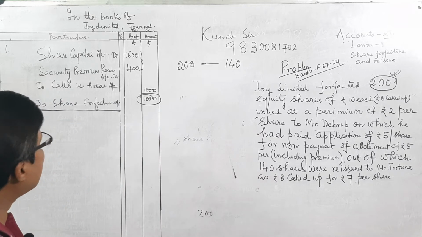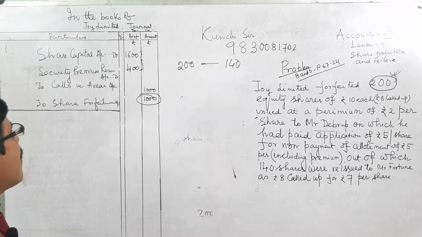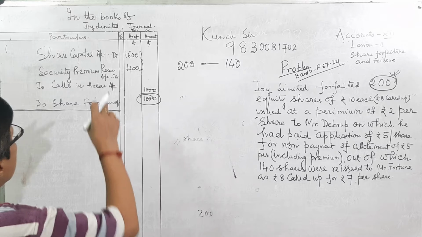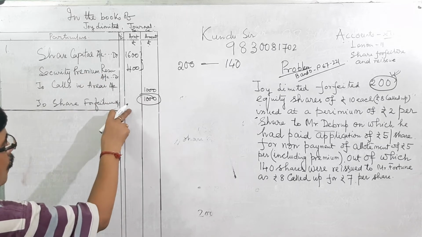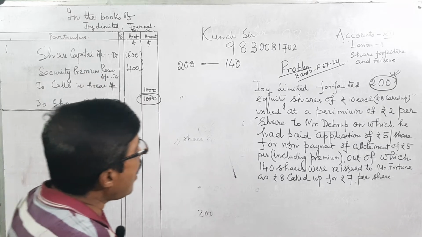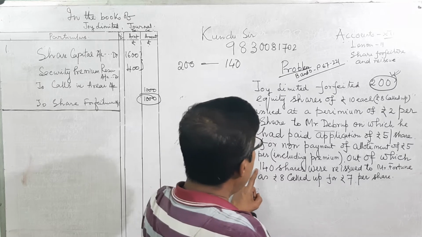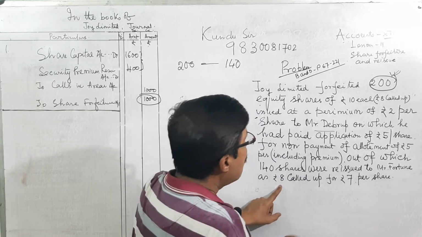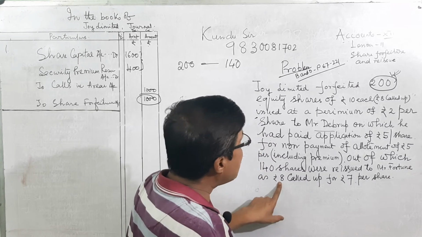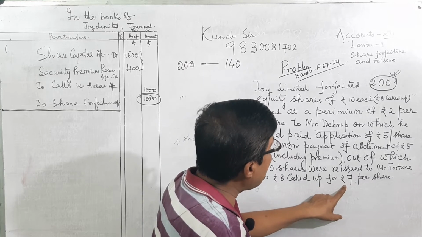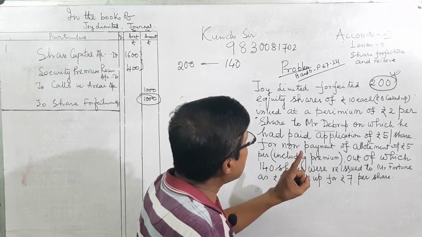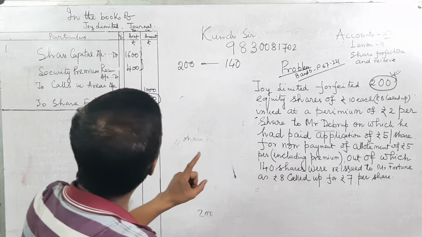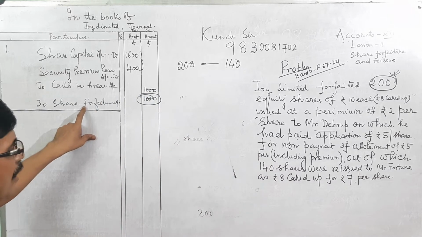No, there is no discount, it is discount, but it is to be adjusted from share forfeiture account. So on 140 shares, called up value is 8, but we are getting 7. That means 1 rupee discount, which is to be covered from share forfeiture account.